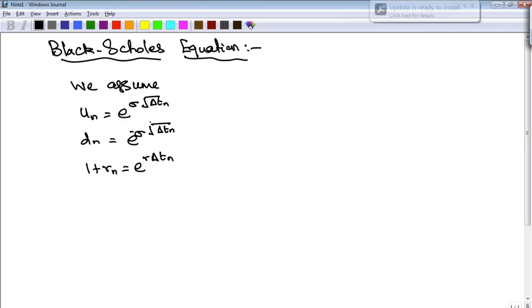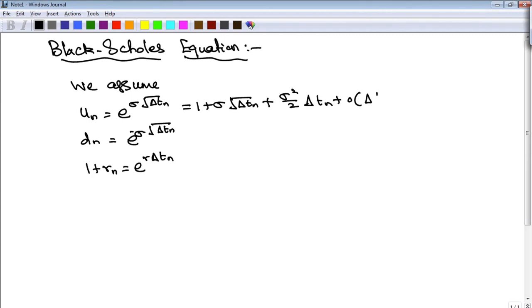So let's take this approximation, and this can be written using Taylor's expansion as 1 plus sigma root delta tn plus sigma square by 2 delta tn plus some terms which we will freeze and write as small o of delta tn.